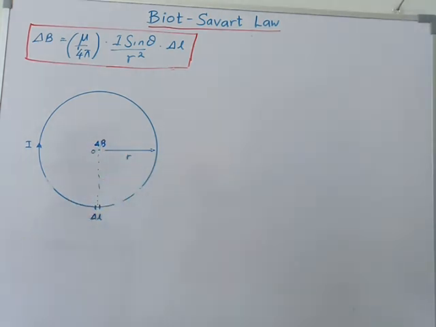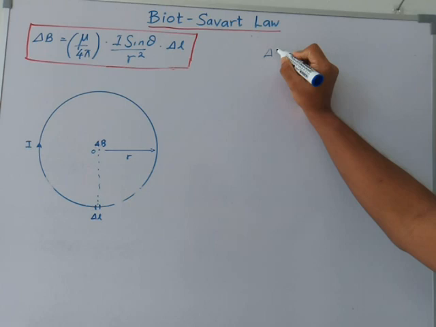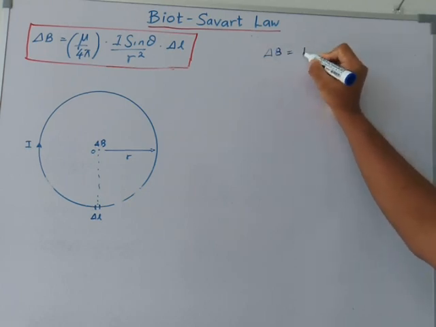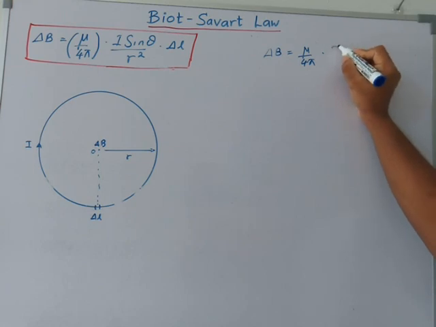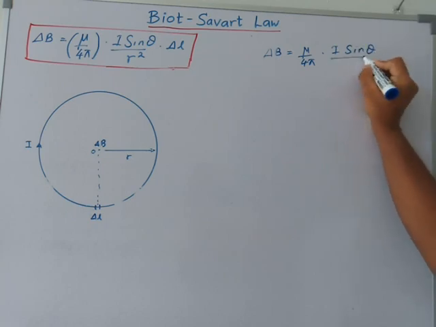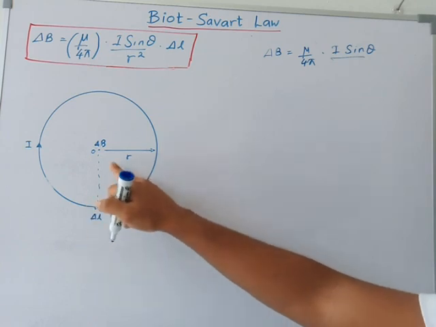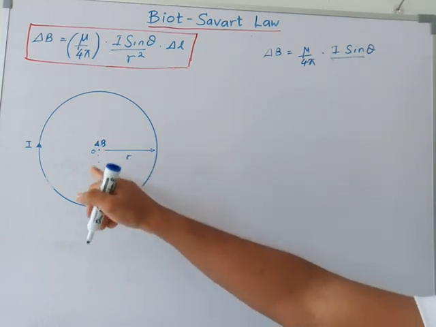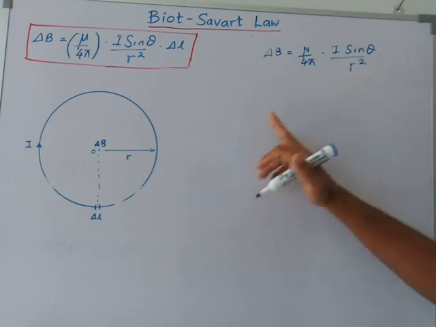So delta B is equal to mu over 4 pi times I sine theta over the distance from O to this length element, which is R, since it's a circle, times delta L.